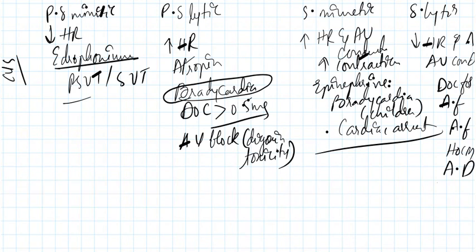For all these four things, they are the drug of choice. Remember, sympatholytics are the drug of choice for atrial fibrillation, atrial flutter, HOCM, and aortic dissection.